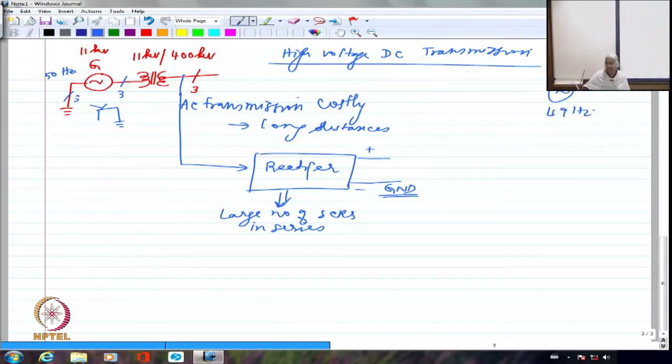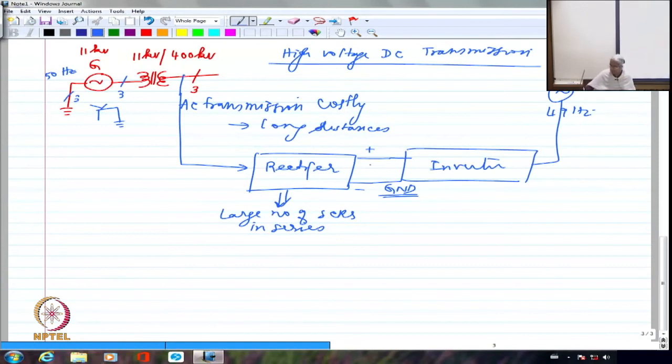So I will have an inverter here. An inverter I can fire at my own will and wish. Not a problem. Fire it at 49 hertz. Ho gaya kaam. Right? So I can directly connect this to the 49 hertz source. And in between, of course, I may have several loads connected. Many loads may be connected directly to DC, maybe to AC, and so on and so forth.